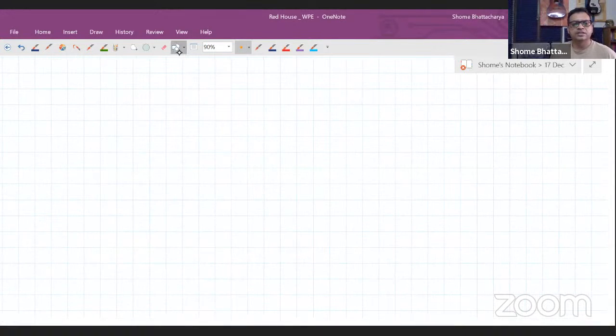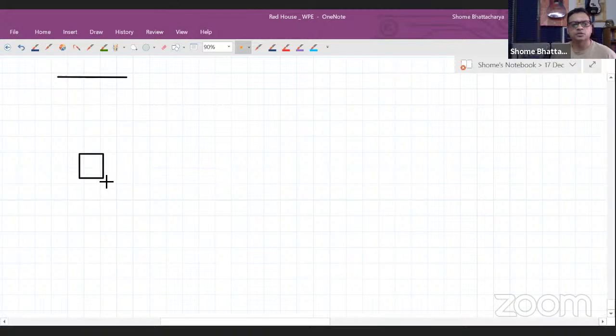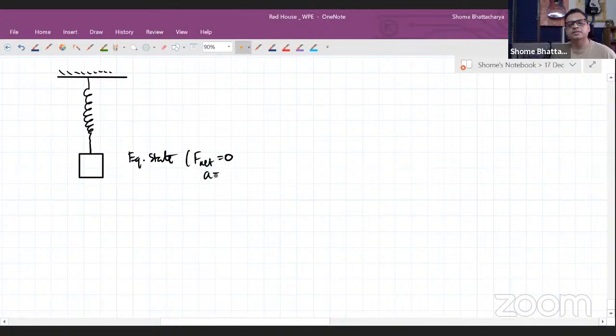So see what is happening. Initially, my system was in equilibrium. So at that point of time, the weight of the block was being balanced by the spring force. That is how we'll find the equilibrium condition. So to find the extension of the spring in equilibrium, you have to understand that in the equilibrium state, equilibrium का मतलब ही क्या होता है? Net force is zero or acceleration is zero.